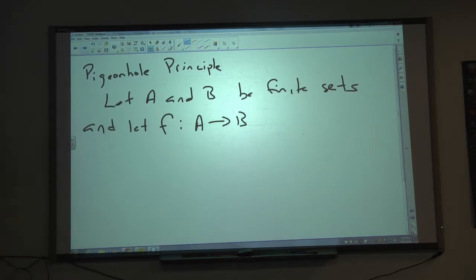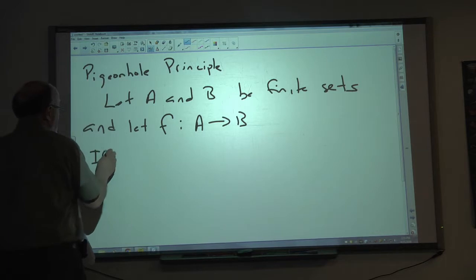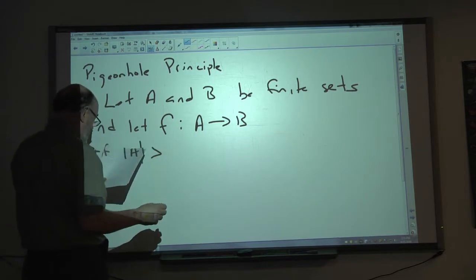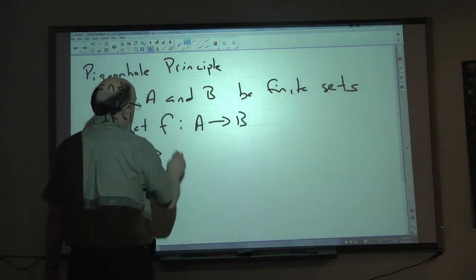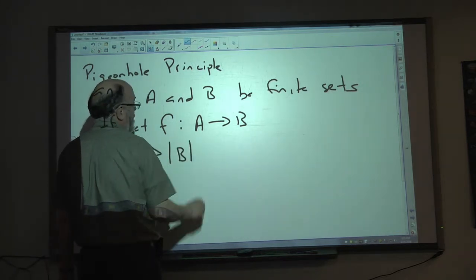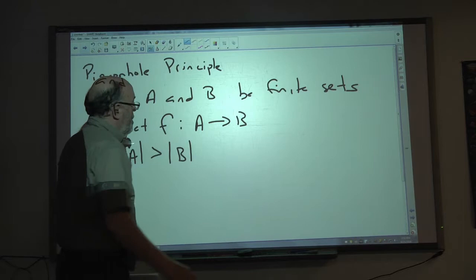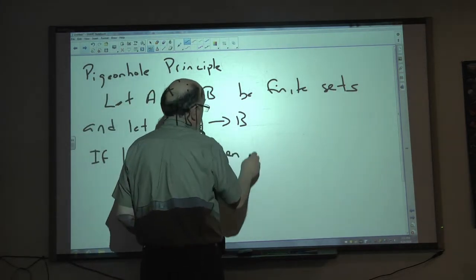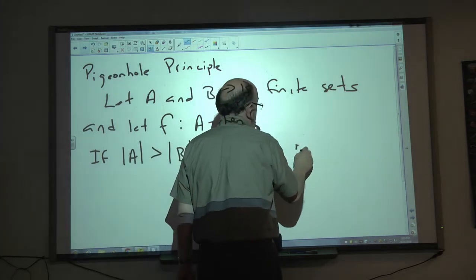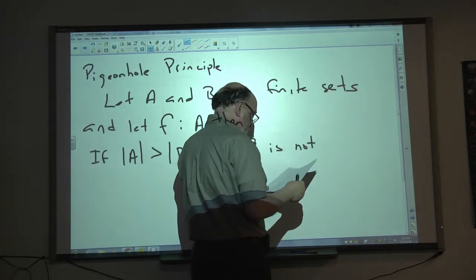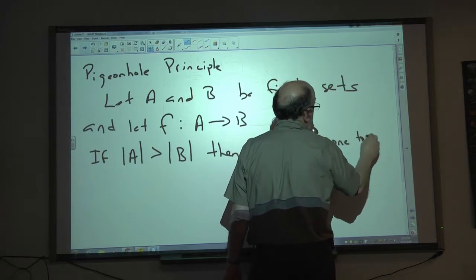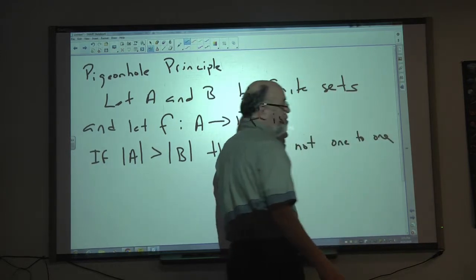So if the cardinality of A is greater than the cardinality of B, then F is not 1-to-1.